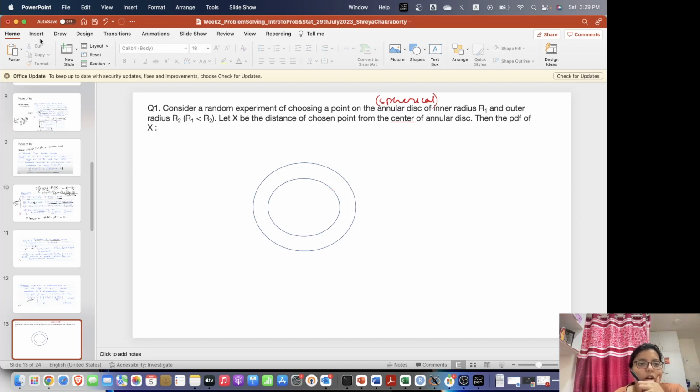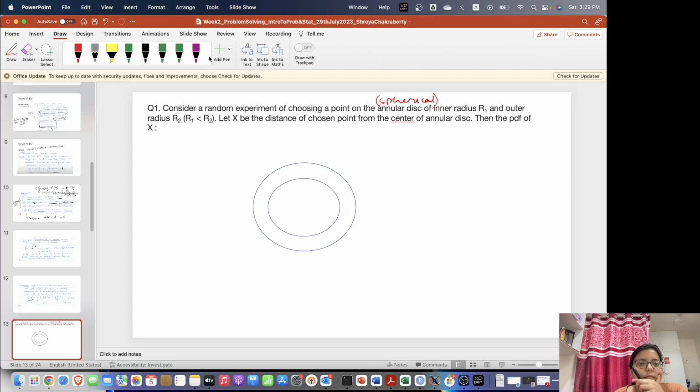Okay, something of this sort. This is my disk region. Okay, and let's say this is the center, and this entire thing is my disk. So what they have given is that this distance is r1 and this distance is r2.